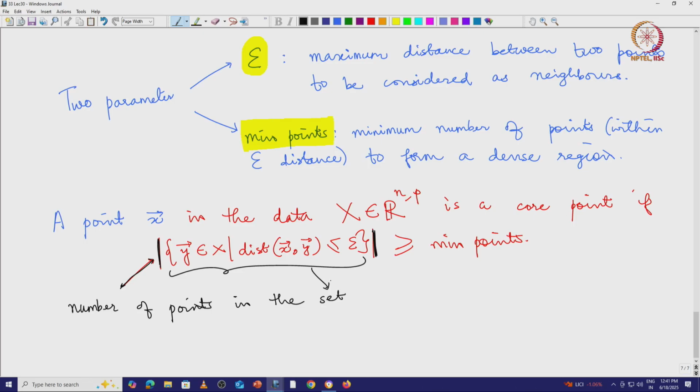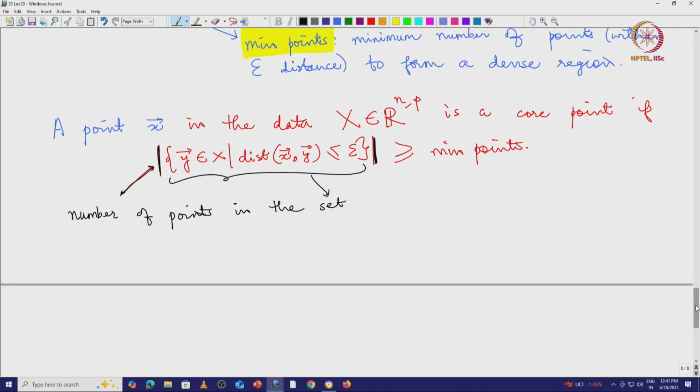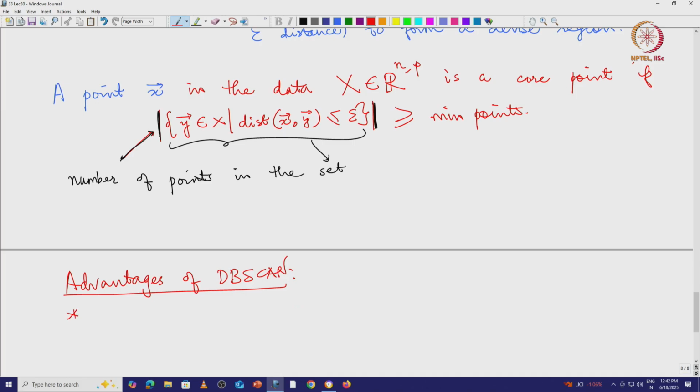So, the advantages of DBSCAN are several, some of them I have already alluded to. The first is that it removes the requirement to choose k, right.